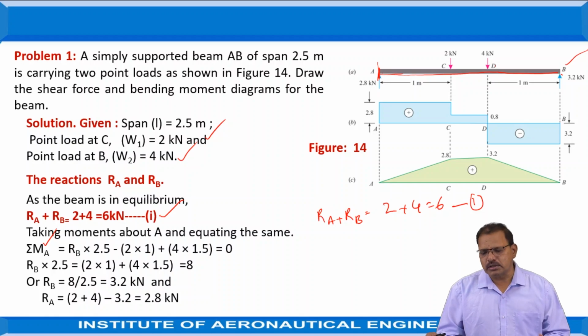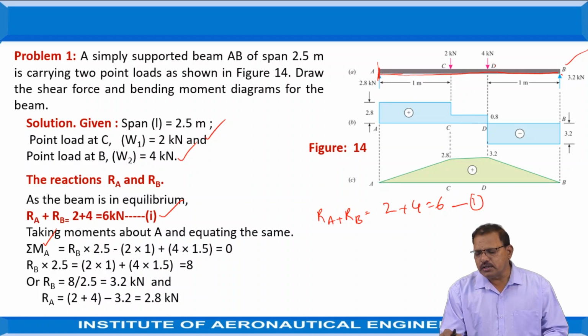Some textbooks give the anti-clockwise direction as positive and clockwise direction as negative. According to the book I am following, they have mentioned clearly that the moments acting in the anti-clockwise direction are positive and the clockwise direction negative. According to this, RB, the reaction, tends to rotate the body in the anti-clockwise direction, positive.